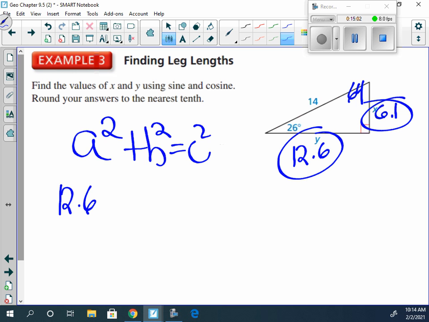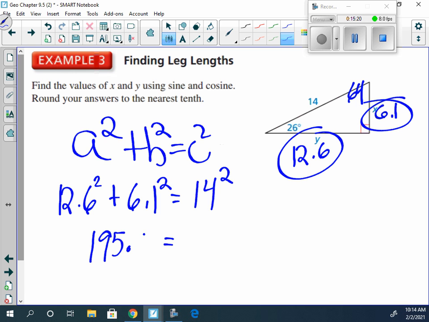Someone type in 12.6 squared plus 6.1 squared. And 14 squared is? So here with this rounding, we have a 0.03 error margin because of the rounding error.